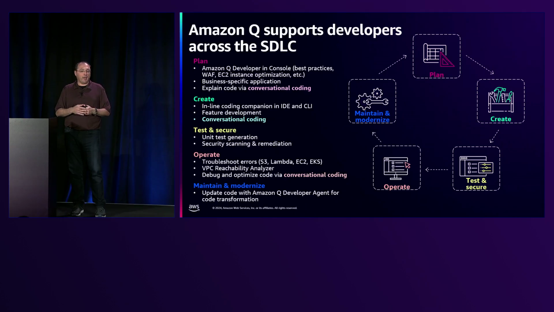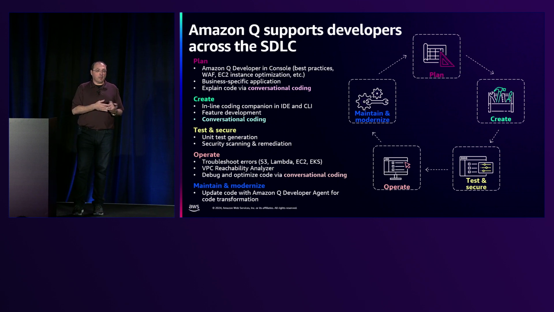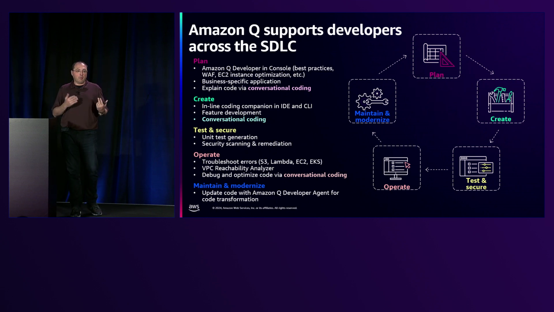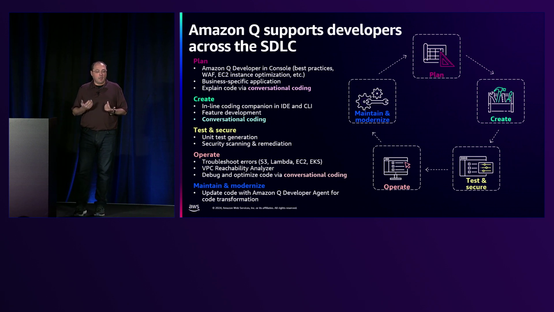Help me debug that. Or we might see issues with running Lambda functions, and Q Developer can suggest fixes there as well. So we have Q Developer embedded throughout the console to be able to help you in various areas, S3, Lambda, as I mentioned, EC2, EKS, to be able to help with that.